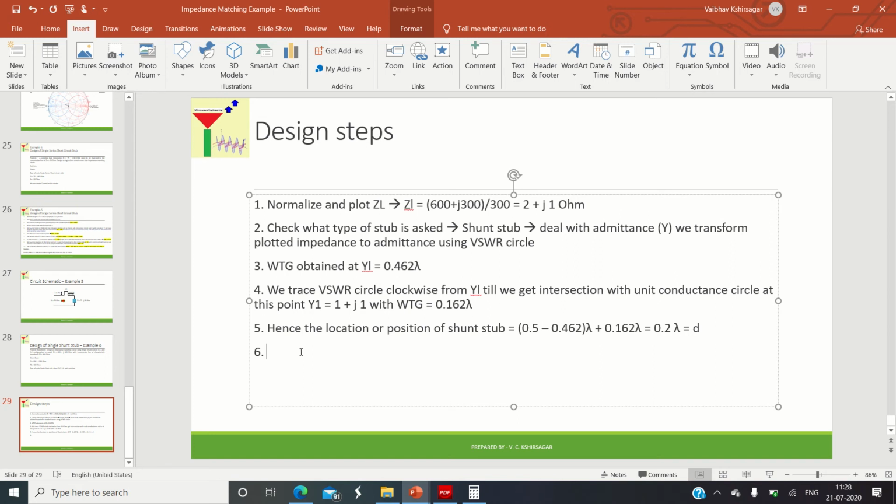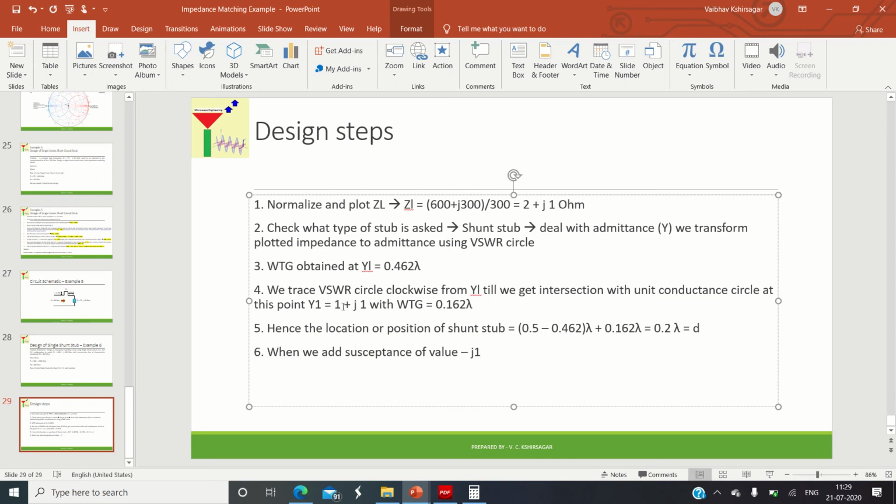So here I write that when we add susceptance, right, susceptance of value opposite but same magnitude. So opposite means minus, and what is the same magnitude? J1.